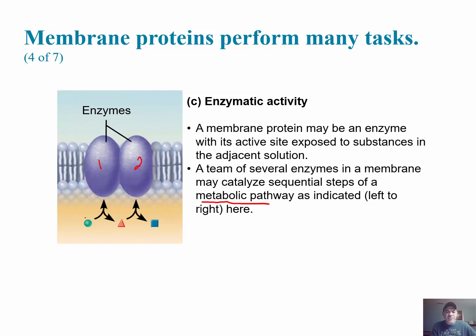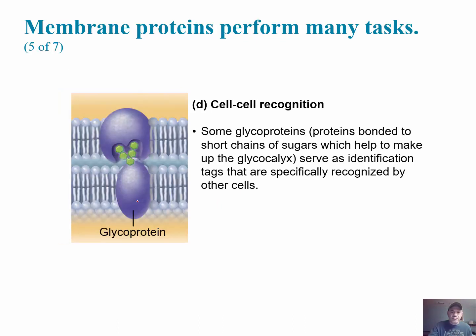A substrate will come in and go through a change due to this enzyme, and the next enzyme is ready to receive the product of that reaction, and then turns that product, or what we call a chemical intermediate, into the next product, and so on. So this arrangement would help prevent intermediates from going through unwanted reactions. So this will help control the process in a pathway.